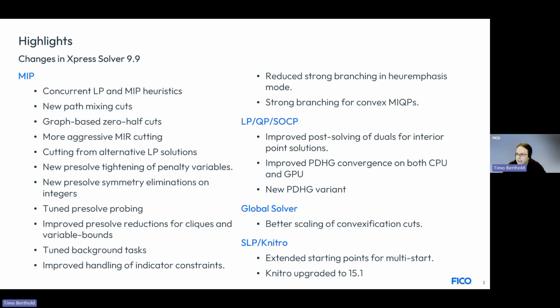There's some interesting news. And there have been some changes to our global solver and to SLP that I will also try to cover, but as you can see from this list of performance-related items, a lot of what I'll be talking about today is going to be MIP performance. And I admit that I might be a bit biased here, given that MIP development is where I come from. But I would like to share my excitement for all this news with you.